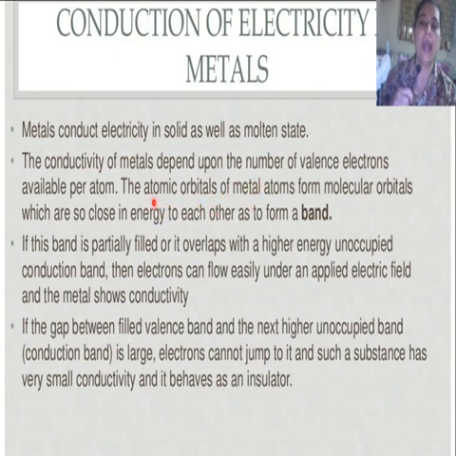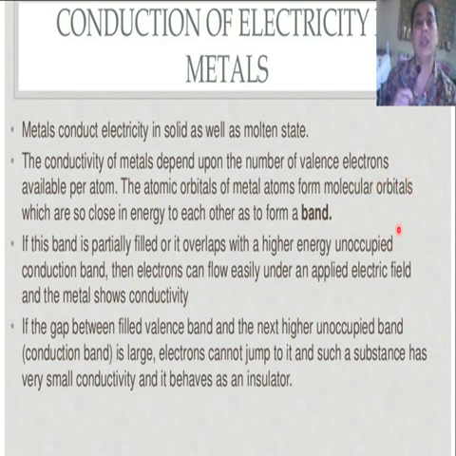A metal has atomic orbitals, and all the atomic orbitals of a metal will combine and form molecular orbitals. These molecular orbitals will combine and form an energy band, which is known as a band. Here they will form two types of band: one is known as the valence band and one is known as the conduction band.